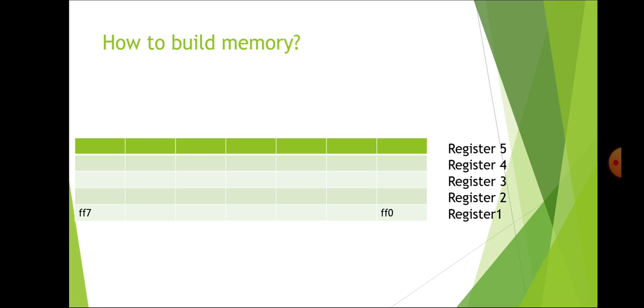The instruction set is a list of all the instructions that can be used in a system. We are going to study the instruction set in detail in the coming lectures.